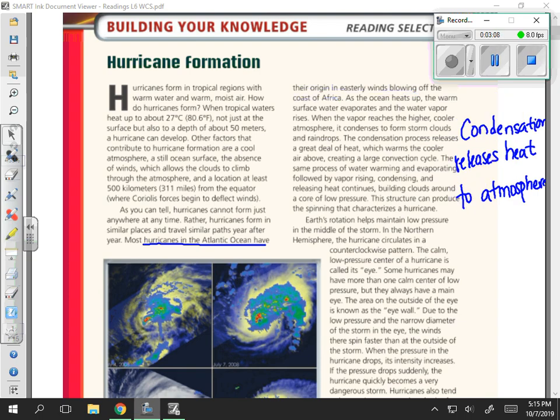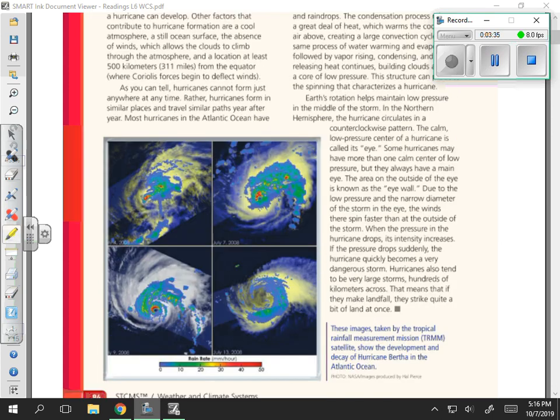Another part of this paragraph was looking at the process of evaporation and condensation, and that those warm ocean water that evaporates, it reaches a cool atmosphere, condenses, and forms storm clouds. And when these storm clouds form, the process of condensation is actually releasing heat to the atmosphere. This creates large convection cells that play a role in hurricanes.